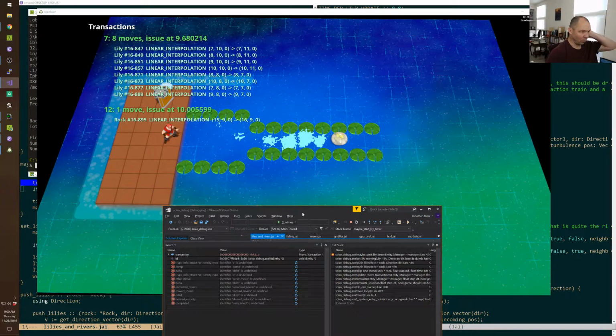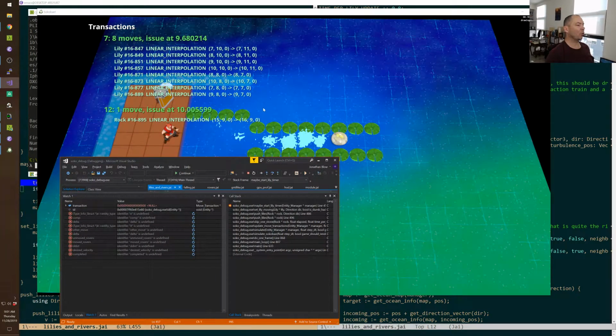Okay, so now the stone has gone a whole bunch. Why do we not have a lily transaction now? There's not supposed to be a gap anymore. So when the previous lily transaction... Okay. Okay, here's what's going on.